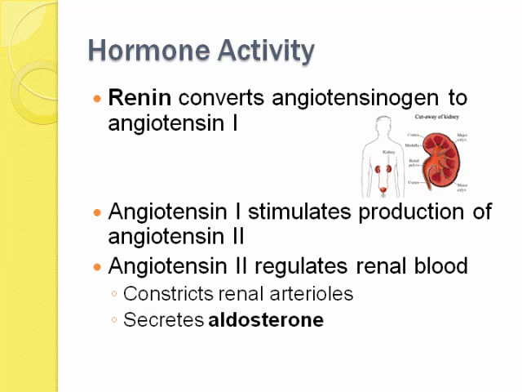Angiotensin 1 is not active at this time. From there, angiotensin 1 stimulates the production of angiotensin 2, which is the active form. Angiotensin 2 regulates renal blood flow by constricting the renal arterioles and also secreting aldosterone. That aldosterone, in turn, facilitates the retention of sodium.